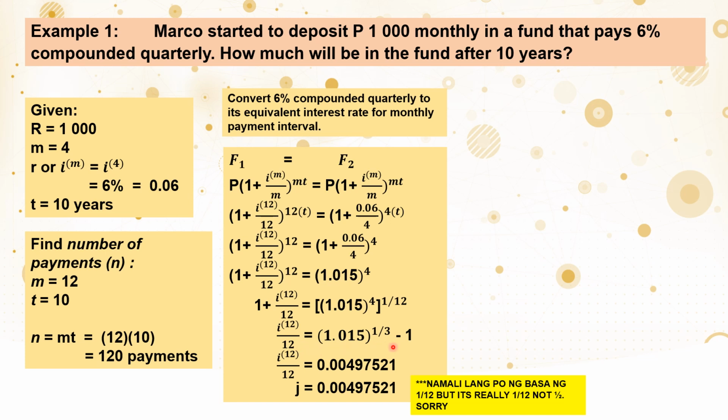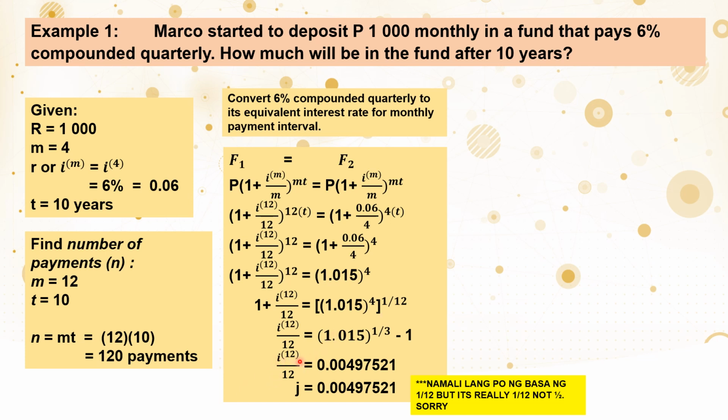Next is simplify 1.015 raised to 1/3 minus 1. And it is now equal to 0.00497521. In simplifying like this, use your scientific calculator.